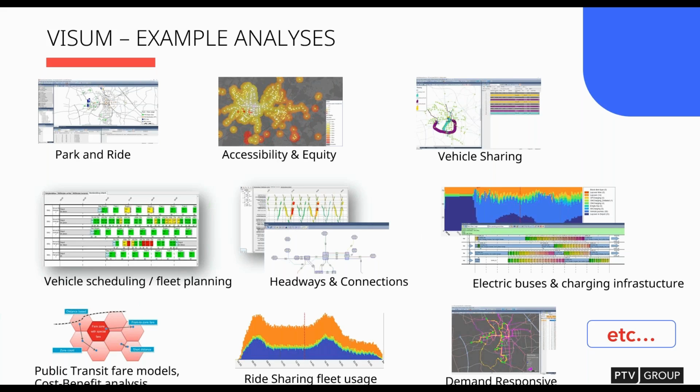You can look at how to plan fleets and manage investments, look at infrastructure for things like electric buses and their charging infrastructure, do cost-benefit analysis, and look at ride sharing for first and last mile service. These are the extensions I was talking about that we'll cover a little more later. So there's a wide array of tools you can integrate or use to extend your model as well.